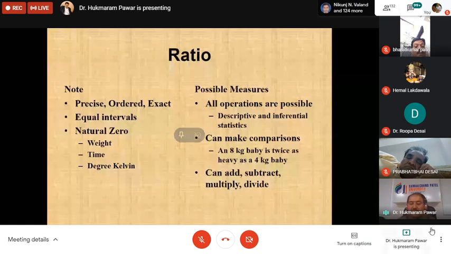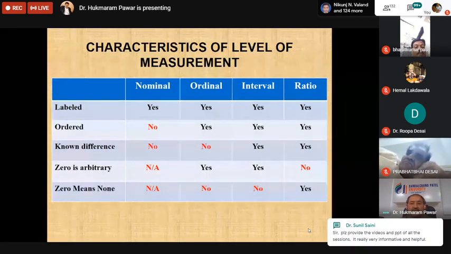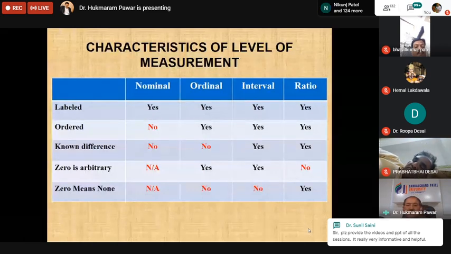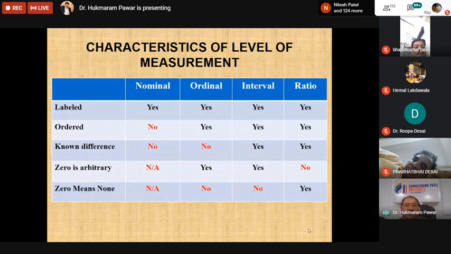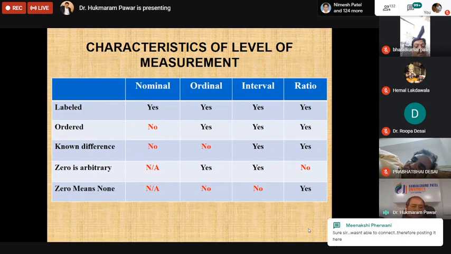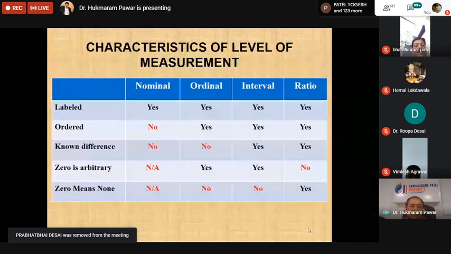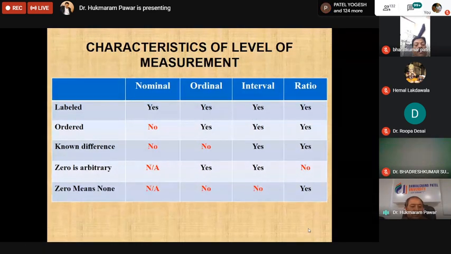Now after discussing these things, let's try to understand the characteristics of the levels of measurement with this table. Here nominal, ordinal, interval and ratio, four kinds of data are given. In nominal, only labels are there, meaning you are given the name; there is no order, no known difference, zero is arbitrary, and zero means none is not applicable.